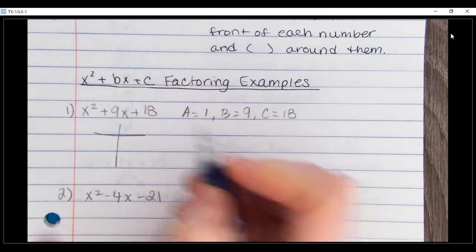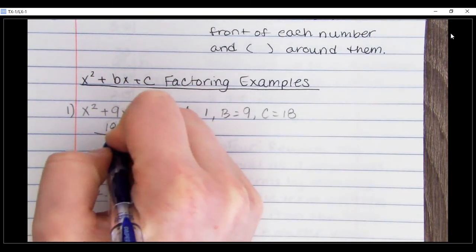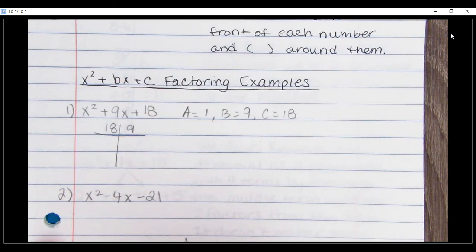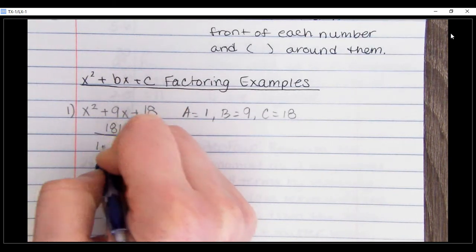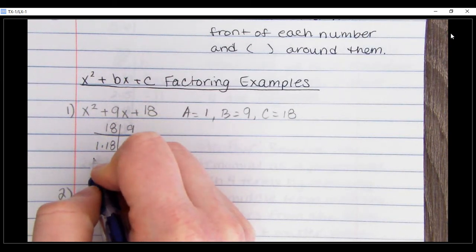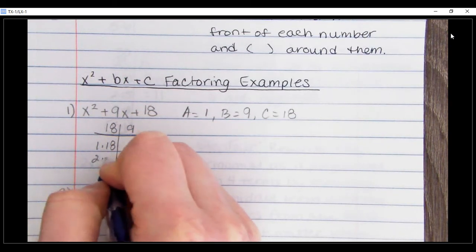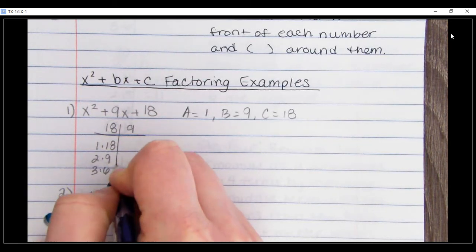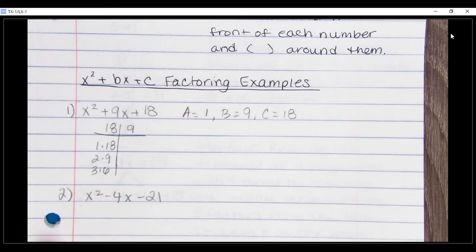So I have my C over here, which is 18. And we're going to try and find those factors that add up to our B, which is 9. So I know the factors of 18 are 1 times 18, 2 times 9, and 3 times 6.